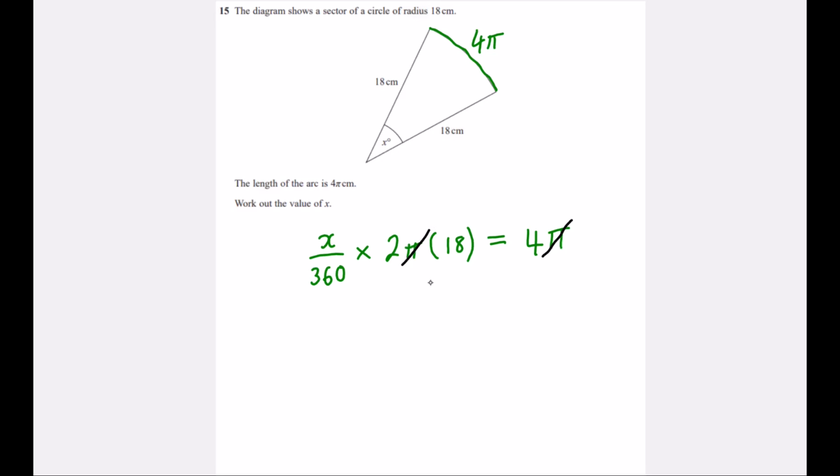That gives us 2 18s, which is 36. x divided by 360 equals 4. And then simplify this fraction, divide top and bottom by 36. So x over 10 equals 4. x must be 40. So x is 40 degrees.